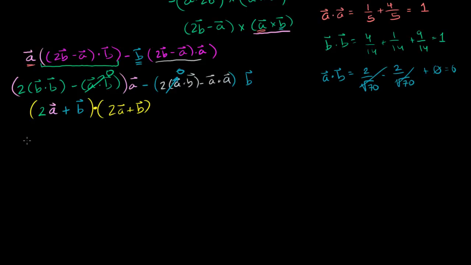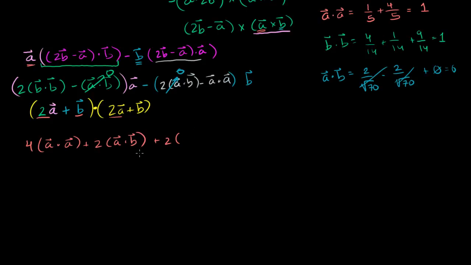That's going to be 4 times a dot a. And then 2a dotted with b is going to be plus 2 times a dot b. And then b dot 2a is going to be plus 2 b dot a, or a dot b.